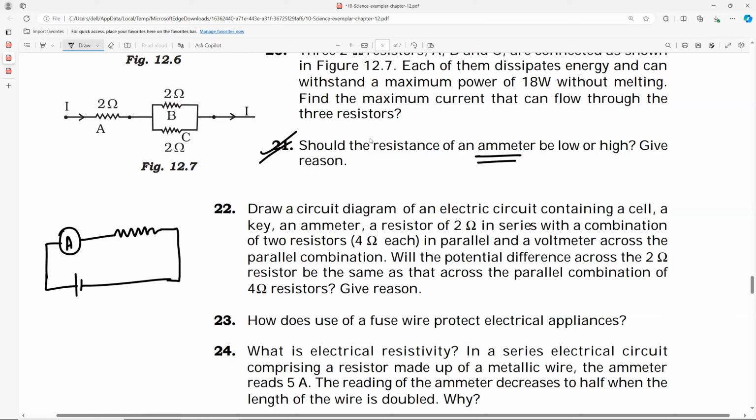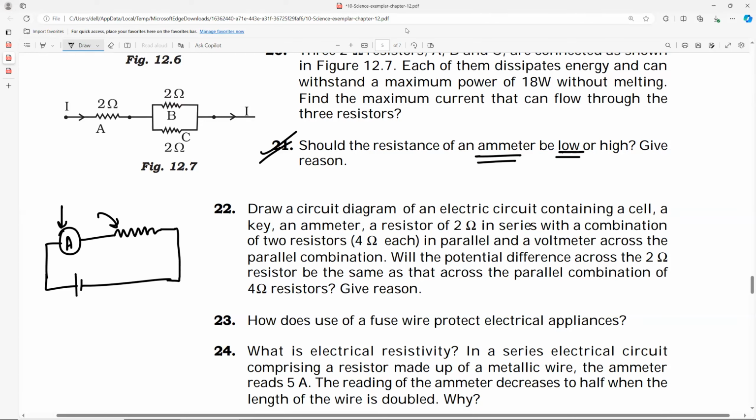And you know, if we are having high resistance in series, then the current will not pass through the resistors, because resistance opposes the flow of current. So if the ampere meter has high resistance, then it will block the current of all the circuits, all the components. That's why the resistance of the ammeter should be low. Okay, you understood?